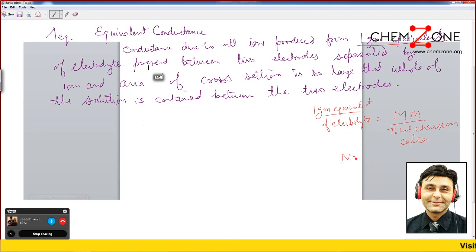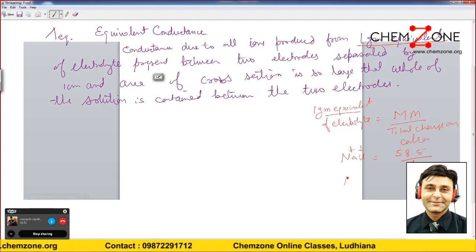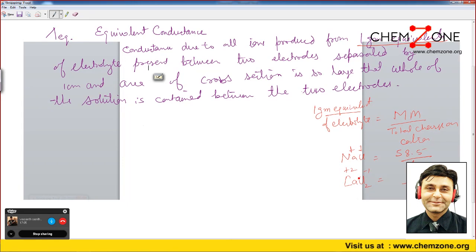Suppose I have NaCl, the molecular mass comes out to be 58.5, but the charge on the cation is +1, so divide by 1. Suppose we have CaCl2, its molecular mass is 111, but divide by 2 because the charge on the cation is +2. So gram equivalent is equal to molecular mass upon total charge of the cation.